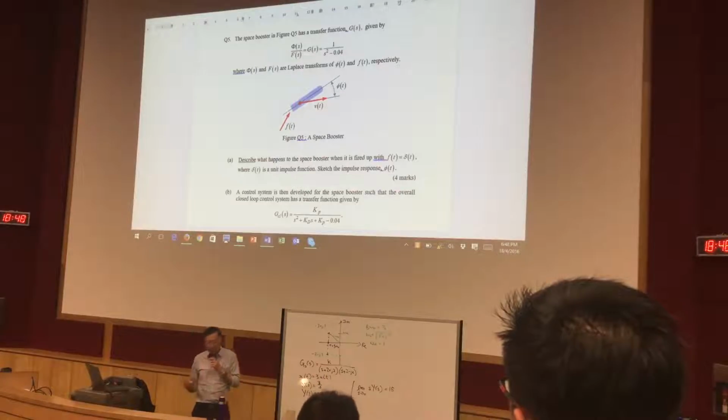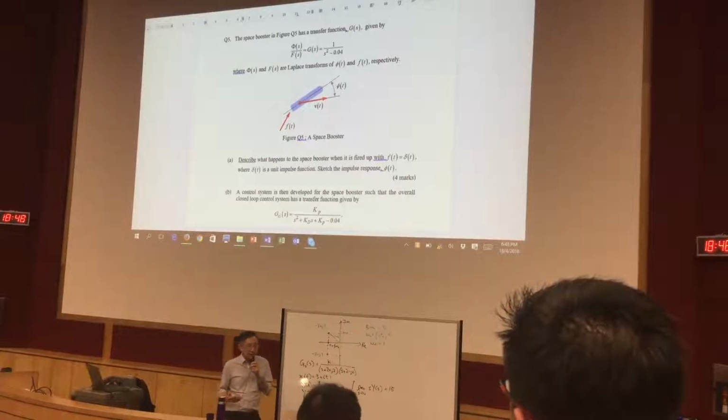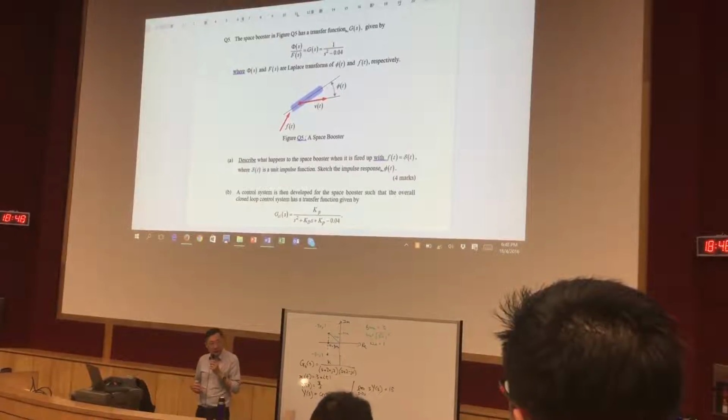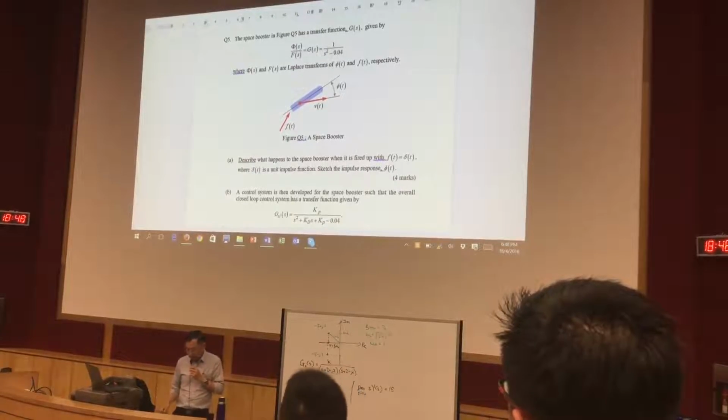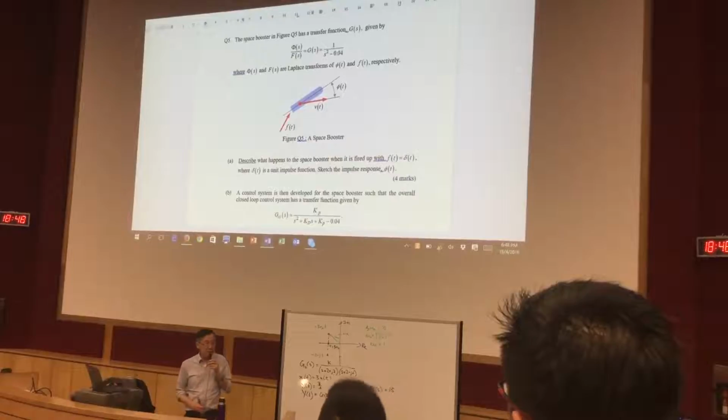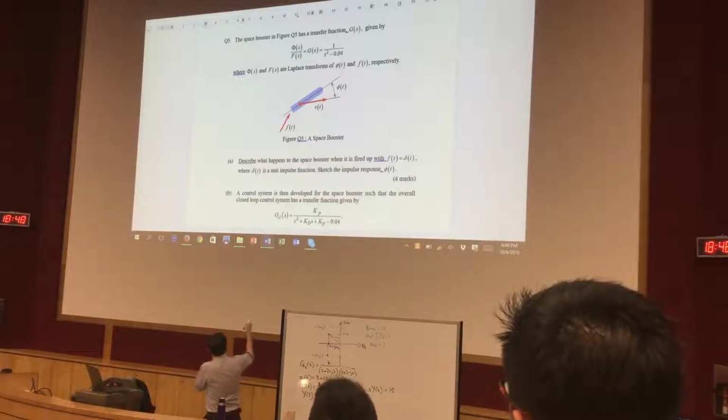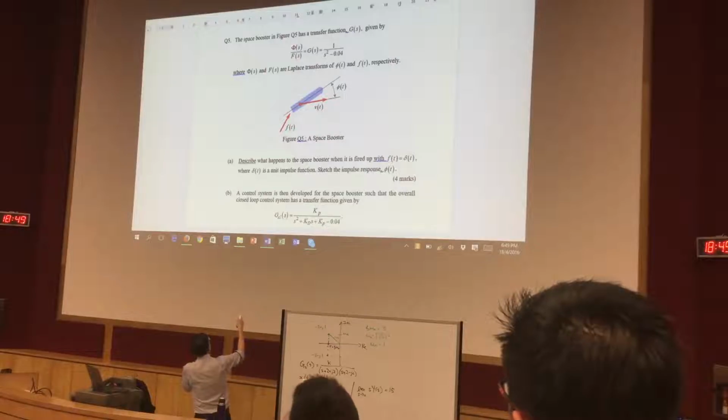If f(t) is the unit impulse, then the response is just equal to G(s), because capital F is 1.